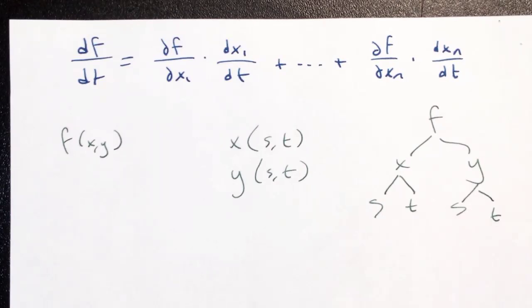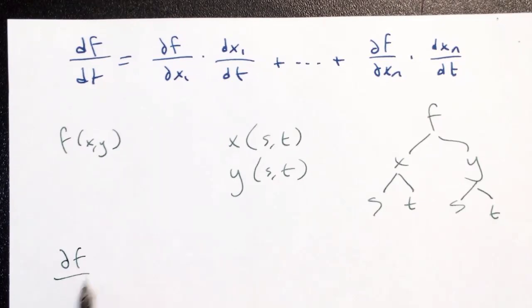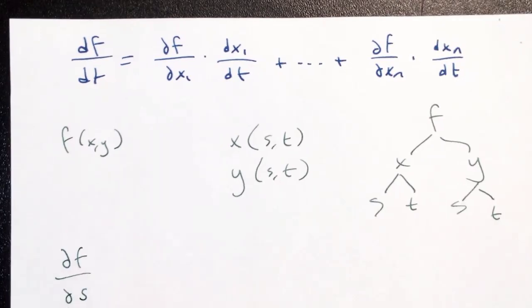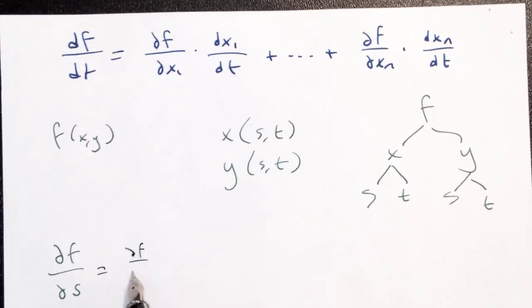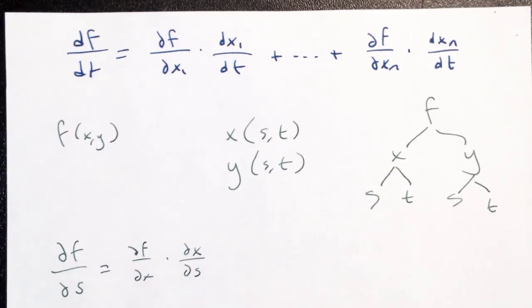But now that means all my derivatives are partial derivatives. And really, I'm going to try and figure out the change in f with respect to s. And if I'm following that set of branches, I have to follow it down to the s's. And that means that every one of my derivatives is a partial. It's partial of f with respect to x, and then partial of x with respect to s.